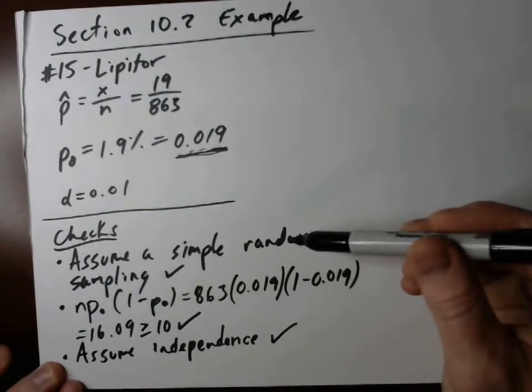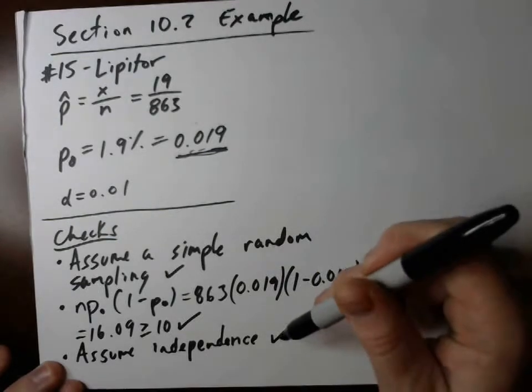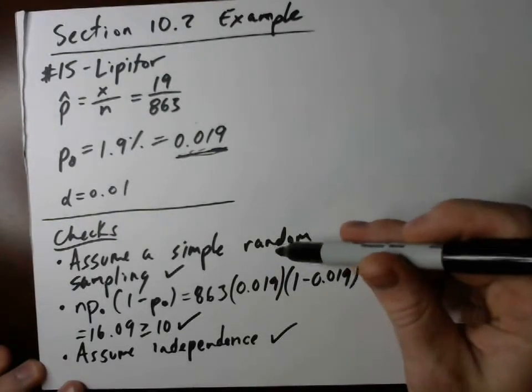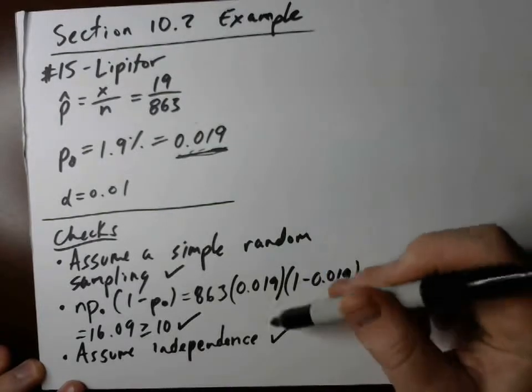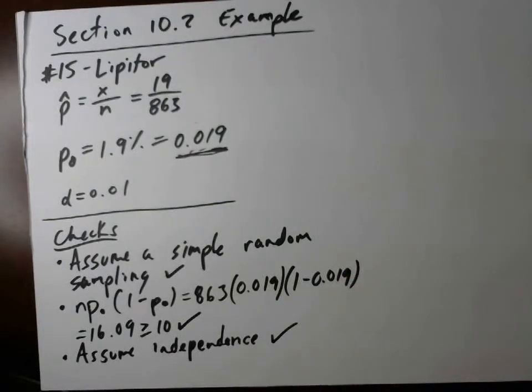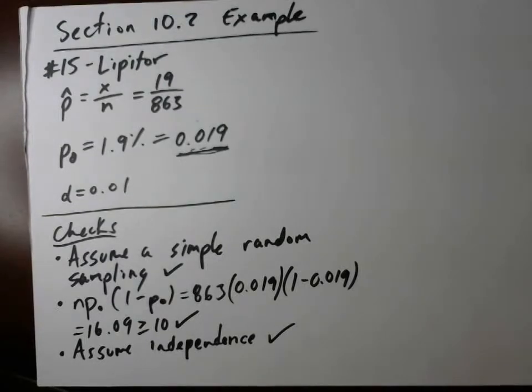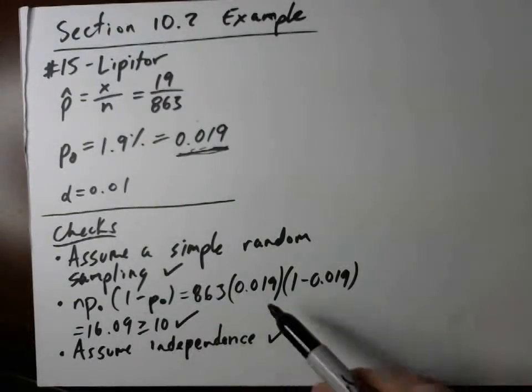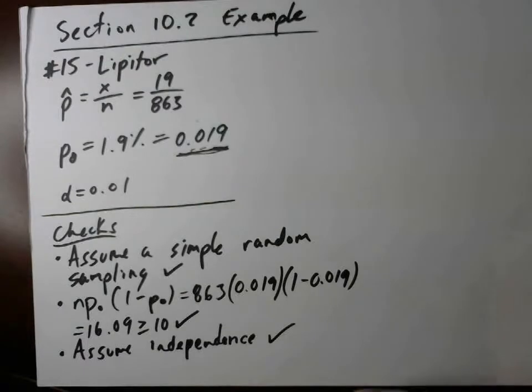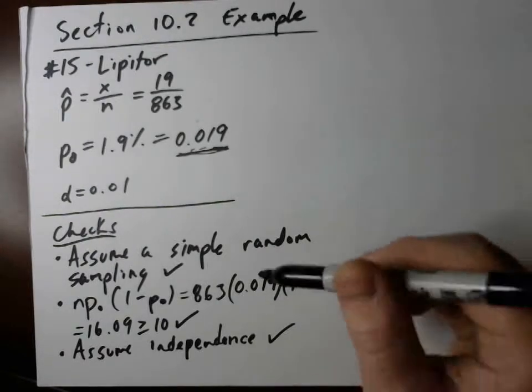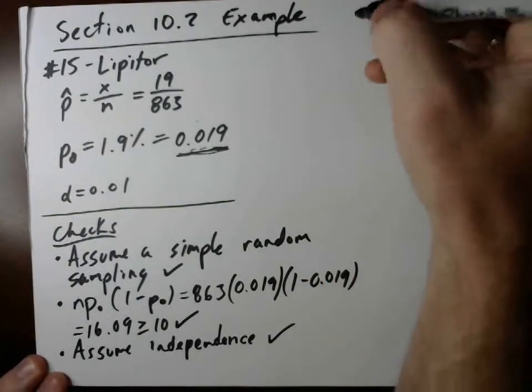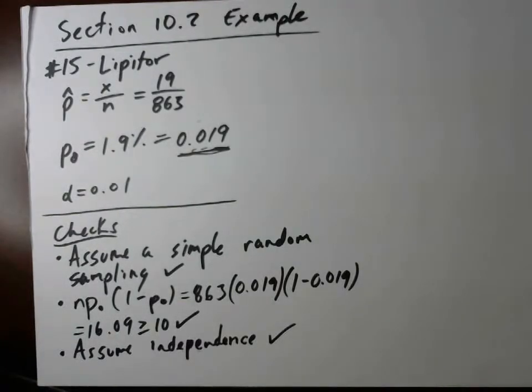The randomness of the sampling and the independence kind of go together, so you can usually assume these in most of the homework problems. But the second check, the large enough sample size, is usually the most common thing you'll be dealing with in your checks, to make sure that you have a large enough sample size to have a normal distribution. So, okay, we're done with our checks. We're ready to go into step one.